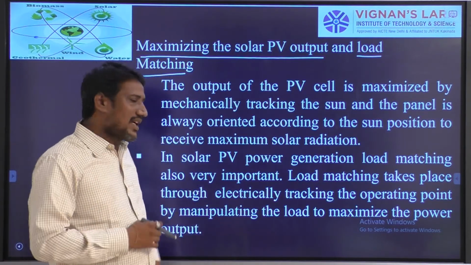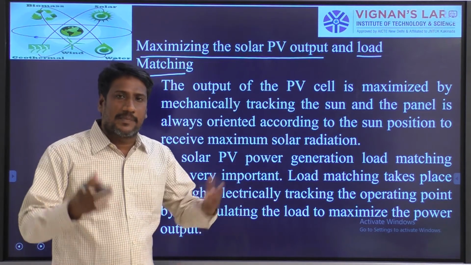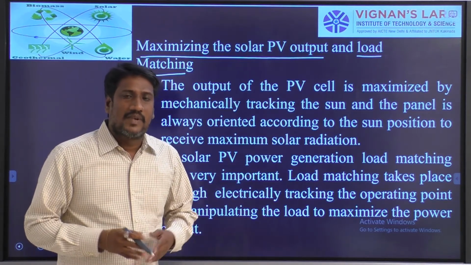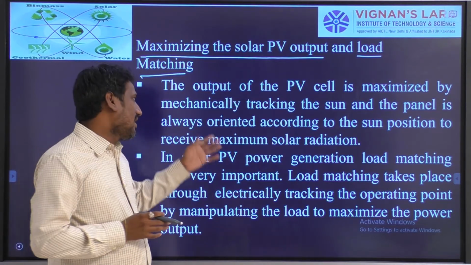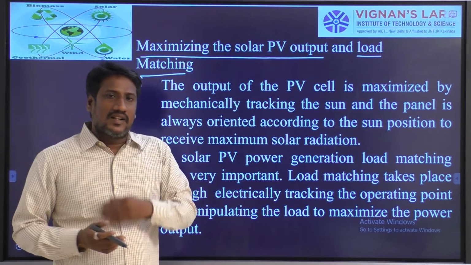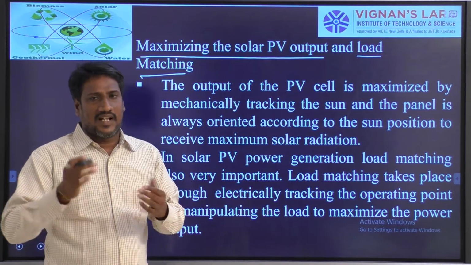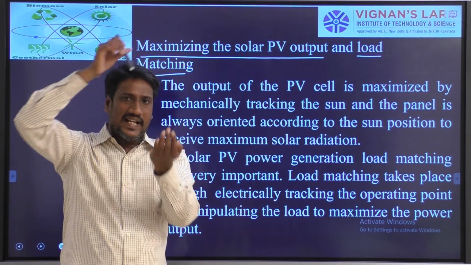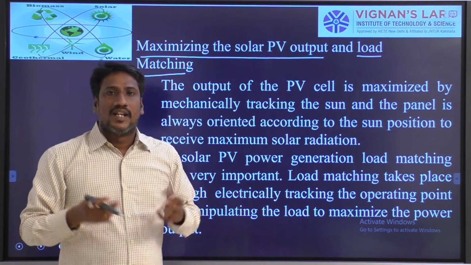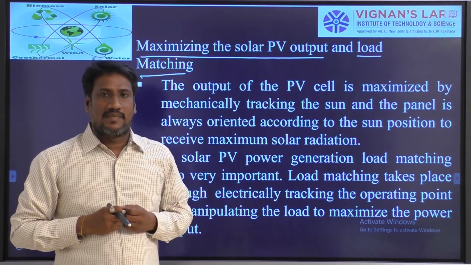Already you know how we will maximize the output power of a PV cell by providing tracking. All the PV panels are continuously tracking with respect to the sun. We already know that when a solar ray strikes the PV panel exactly at right angles, the PV panel can extract the maximum amount of power.